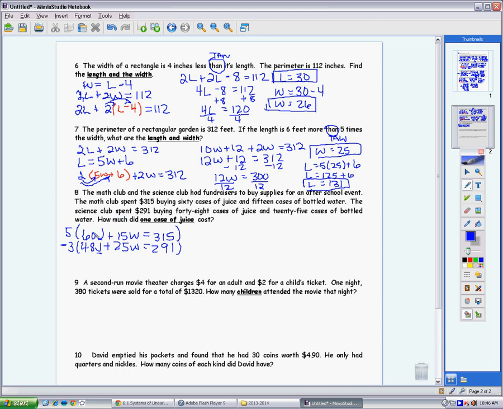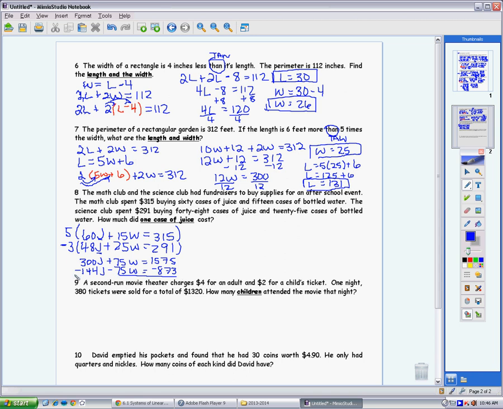So distribute that out, and I get 300 juice plus 75 water equals 1,575, and I get negative 144 juice minus 75 water equals negative 873.